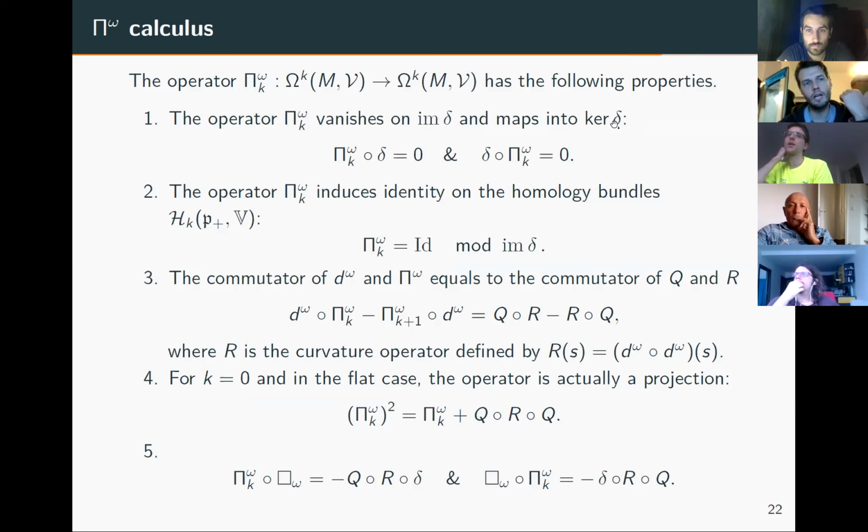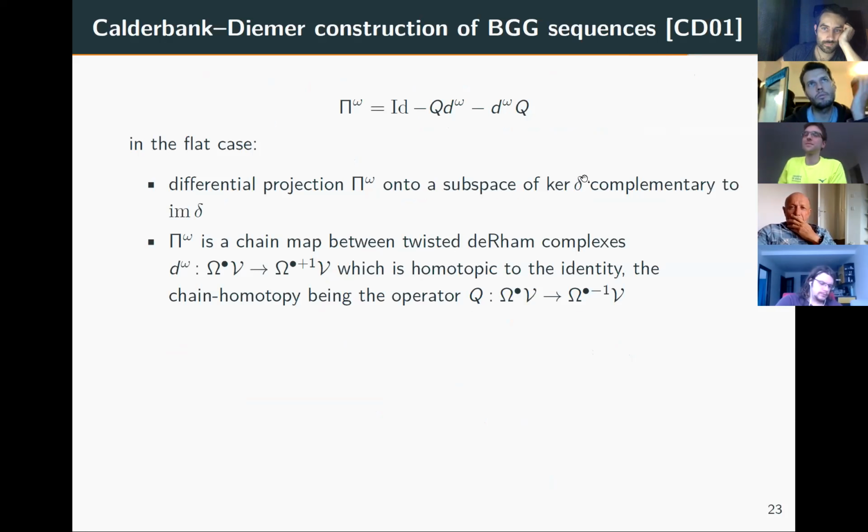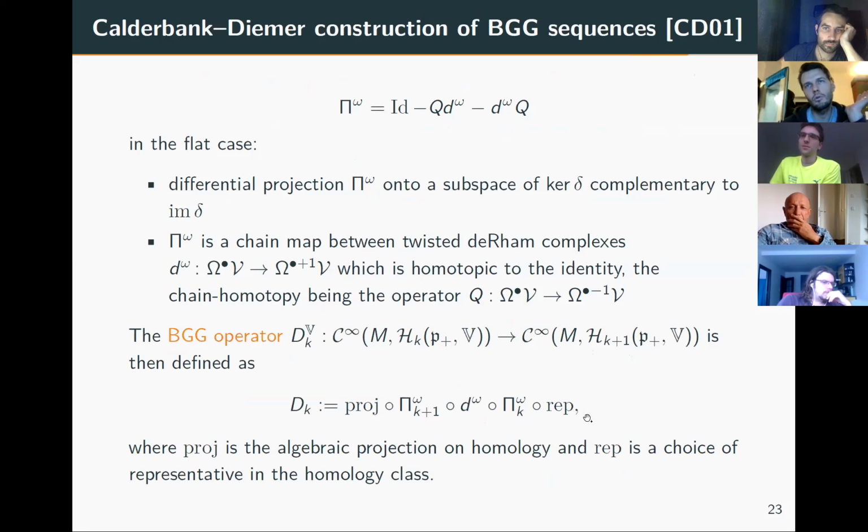And since delta was P invariant, the kernel of delta is actually a subbundle because it's defined by a P invariant operator, so it gives you a subbundle. So it induces identity on the homology bundles. So to be formally correct, you have to include taking a representative or projecting to homology or something like that.